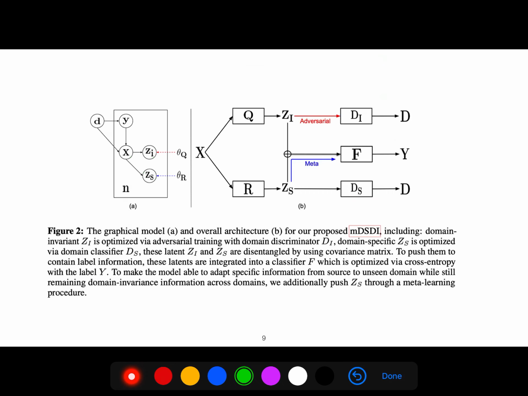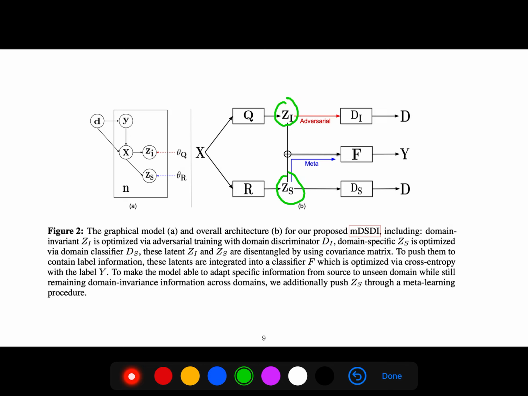So this is the graphical model A, and the overall architecture. You see that for the proposed MSDI, this is our domain invariant feature, this is our domain specific feature, which are disentangled using the covariance matrix.